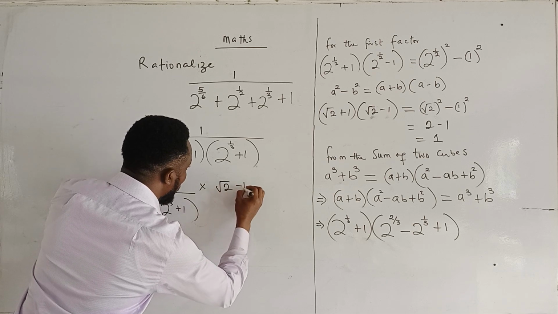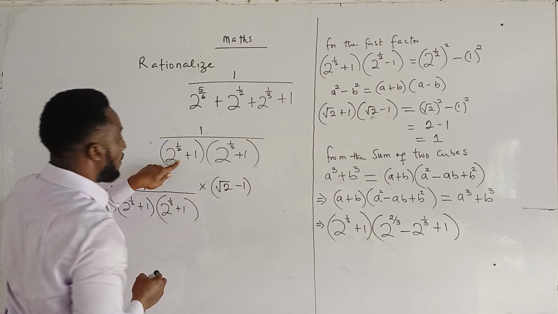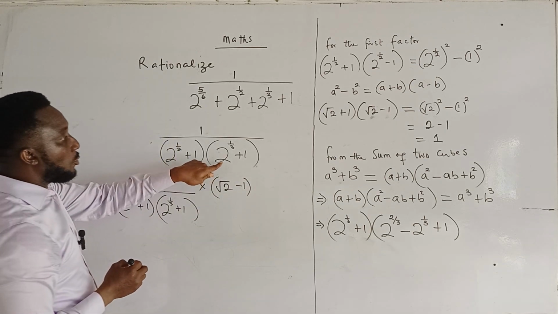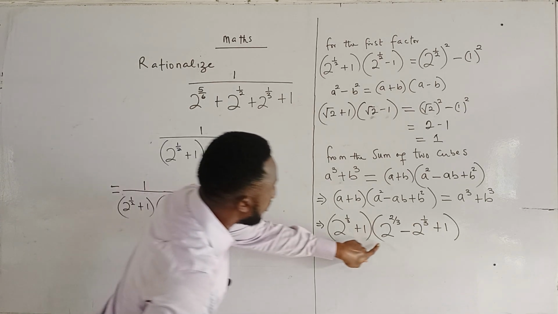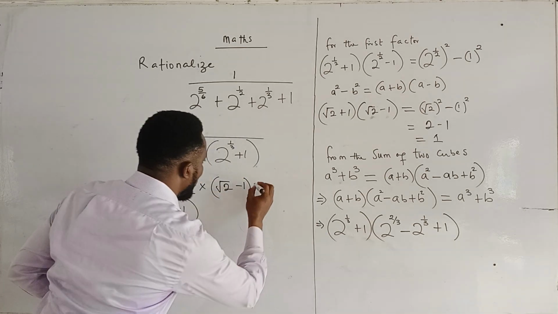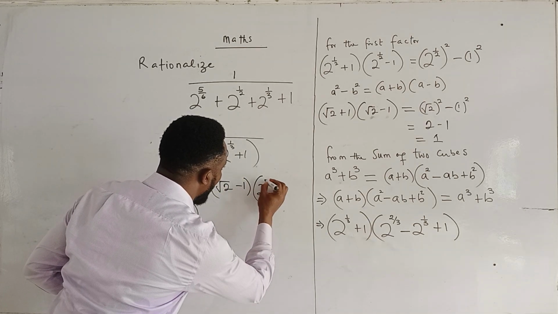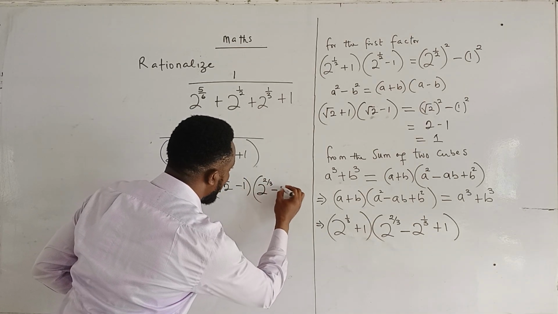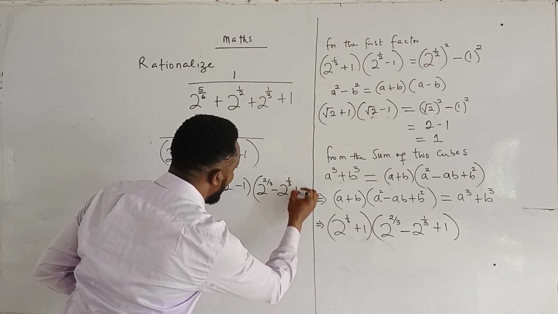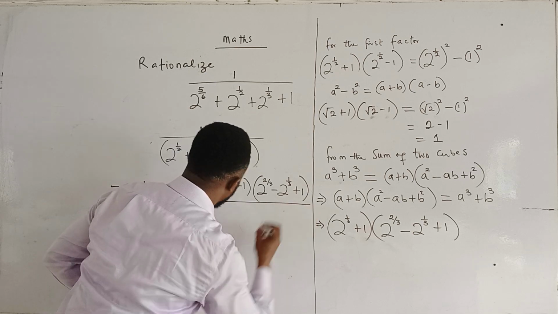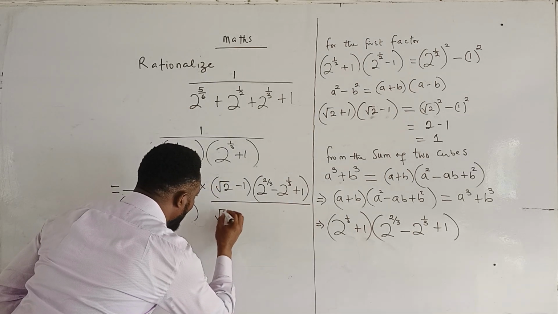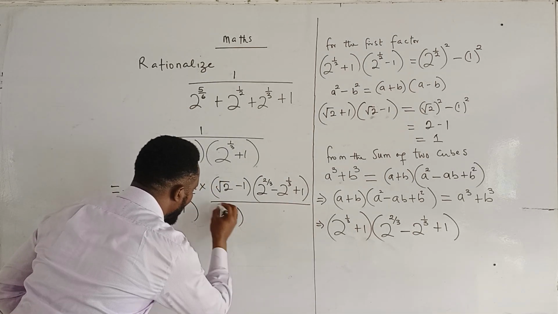Root 2 minus 1, put that in parentheses. Then I will multiply it again with the conjugate of this radical here, which is this expression. So I will write 2 to the power of 2/3 minus 2 to the power of 1/3 plus 1. Everything divided by the same conjugate.